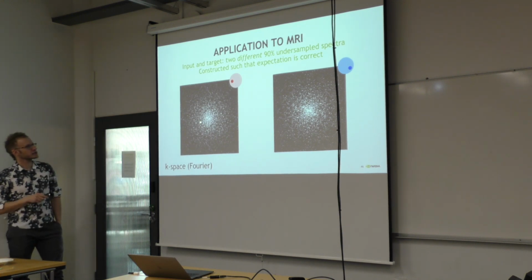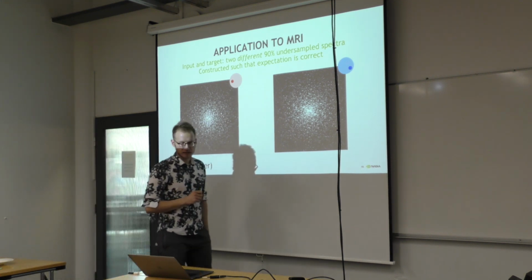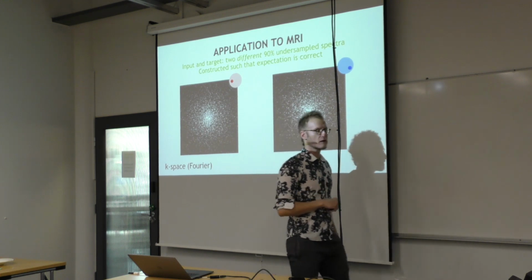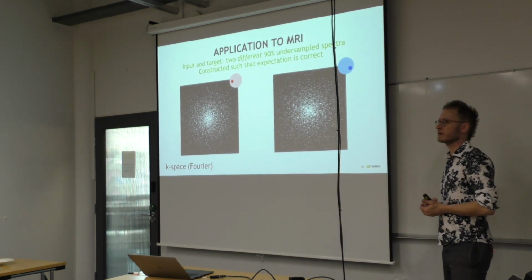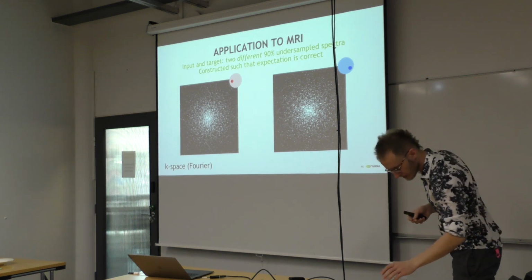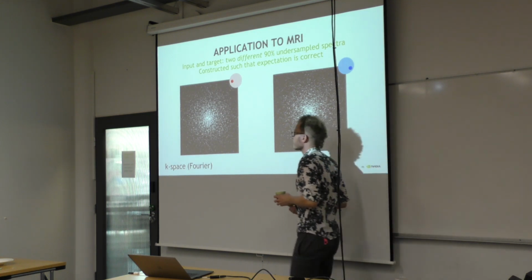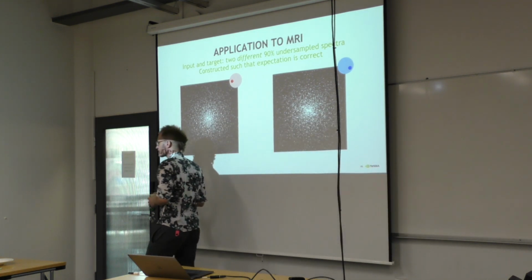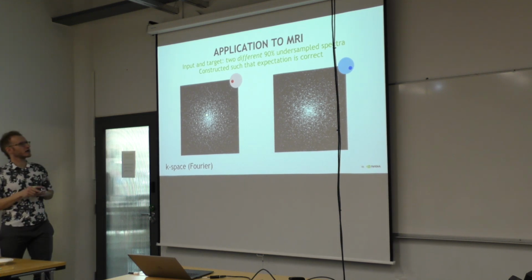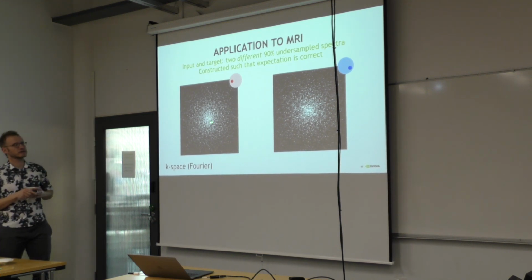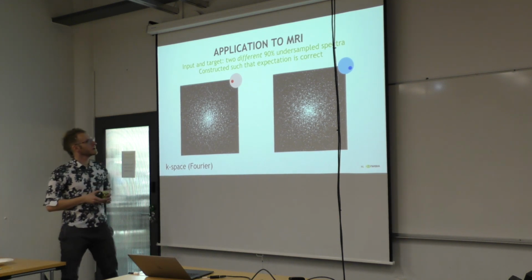And what we've done here is we've constructed a Bernoulli process that either keeps or discards a given frequency with a probability that's high in the center and falls off towards the sides.